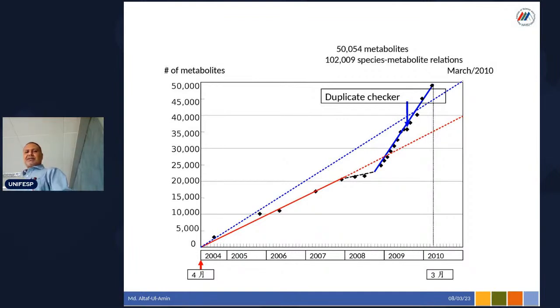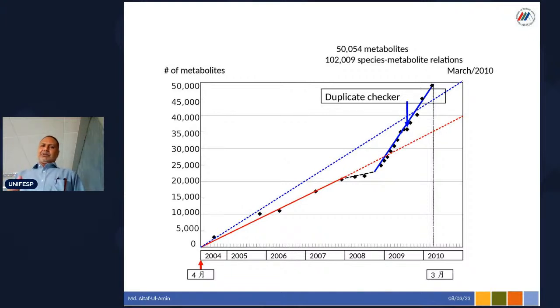And as you can see, initially our pace of accumulation of the data was not so high, as shown by this red line. And at some point, we took the help of computers and applied an automatic duplicate checker to our data. And then we were able to finish it several months before the targeted time.